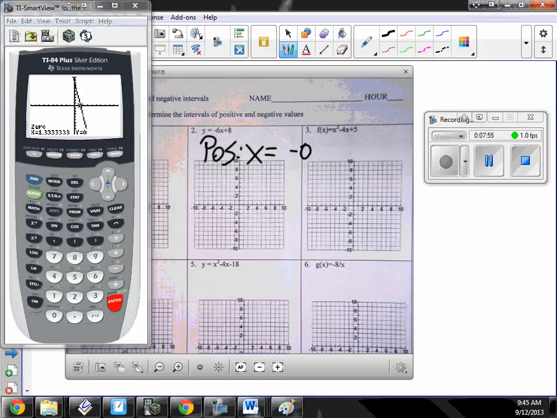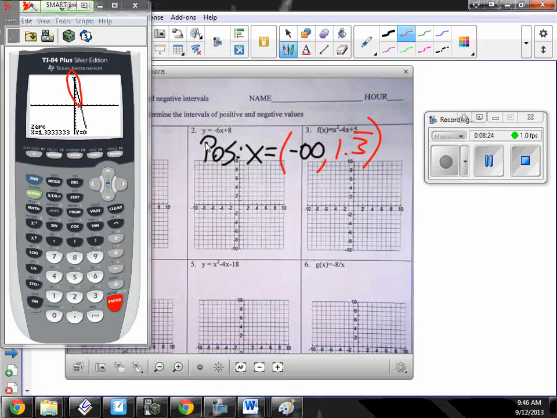Negative infinity. Right, looking at the graph it is positive on this side. So everything left of 1.33, so from negative infinity up to 1.3 repeating, and we never include negative infinity. Do we include 1.3? No, because that is 0, and 0 is not positive.